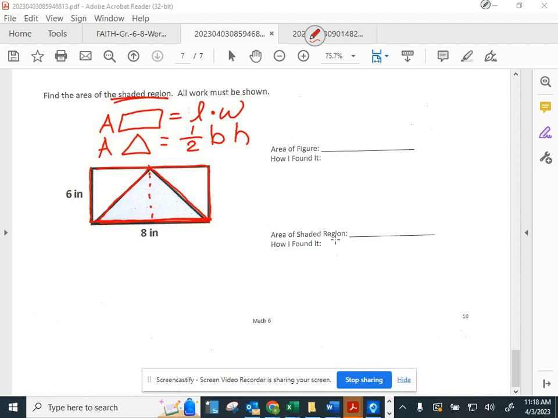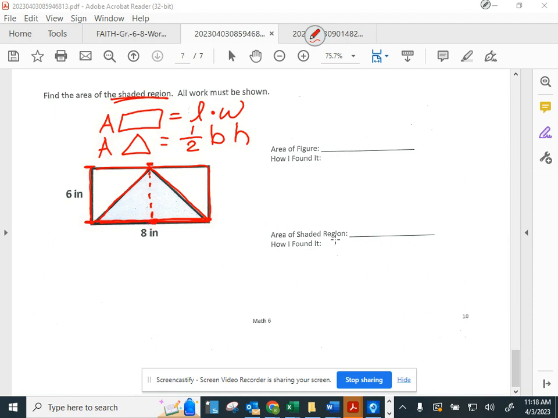Where do we see the height, Jillian? 8 divided by 2 is not our height. Look at where our height is. Do we see another part of our rectangle that goes from here to here? Isabel? The side. It is the same thing.